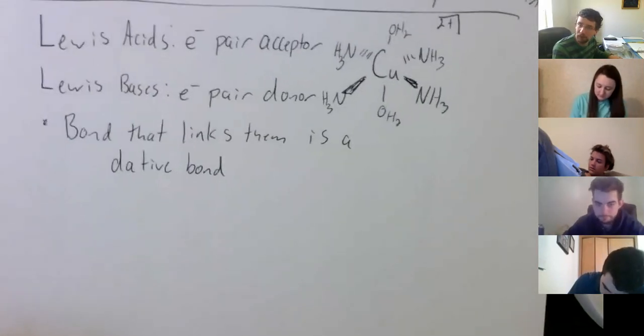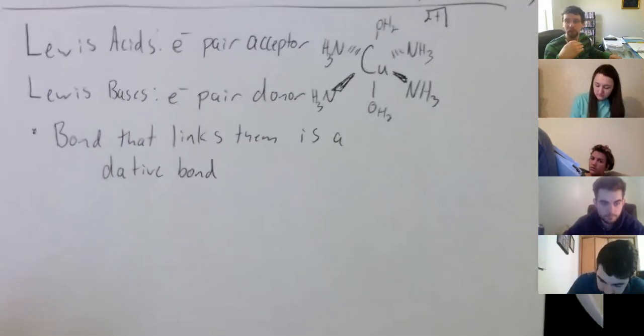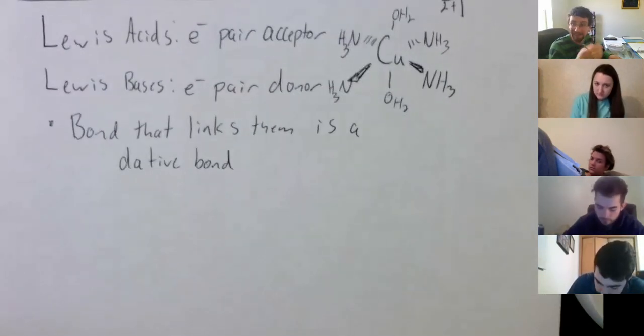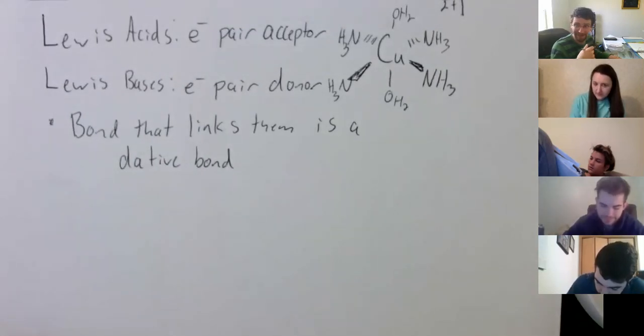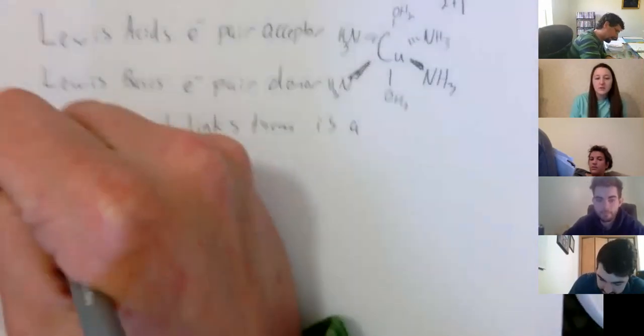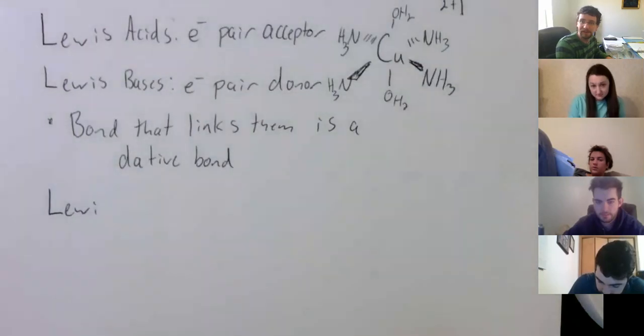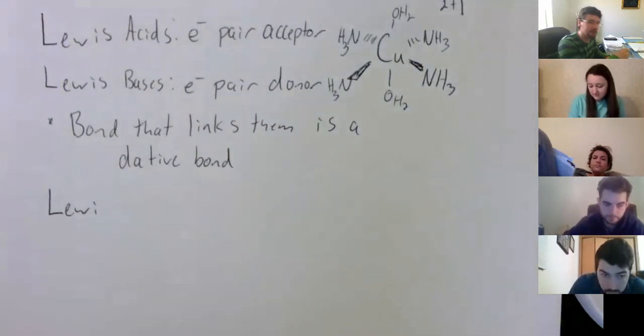I did organic the completely wrong way, just memorization. You really should learn the rules and the ideas behind it. I didn't, and I really didn't get it until I started taking inorganic and another course called organometallics, which was my favorite course in college. What kind of bond is it? Dative. Yep, we'll talk about what it is. We're going to show it in just a second.